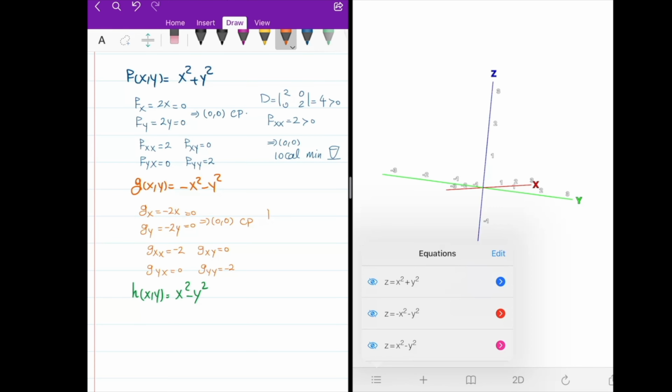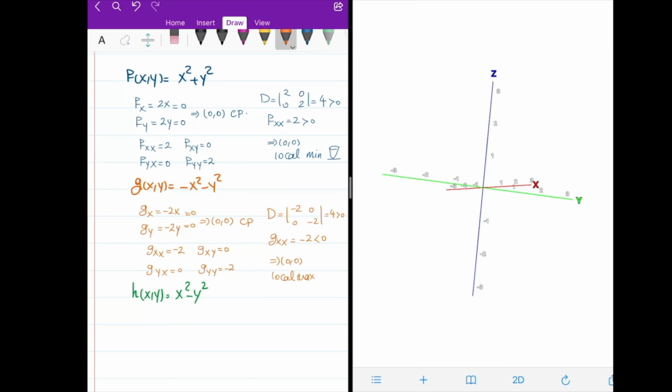So let's calculate D. I get negative 2 times negative 2 minus 0 times 0. I get 4 again, which is positive, and gxx, actually the function is g, gxx is equal to negative 2, which is negative. That's why the critical point is a local max.